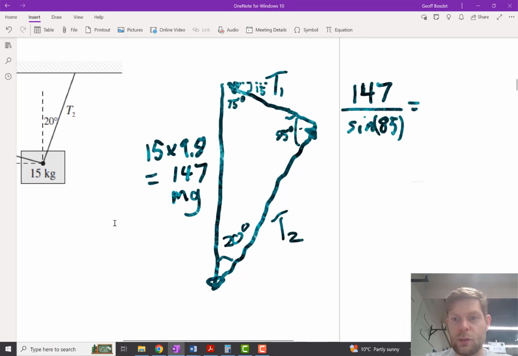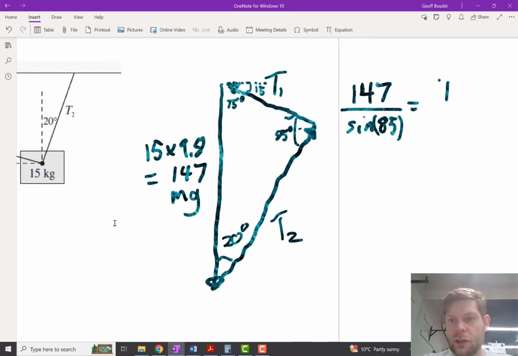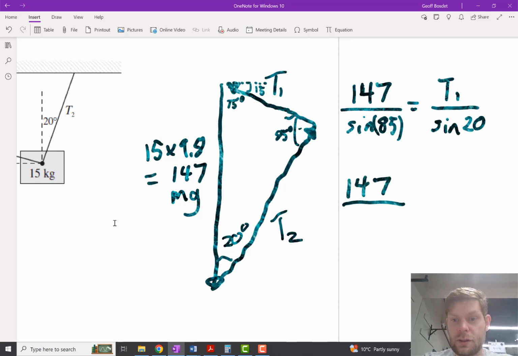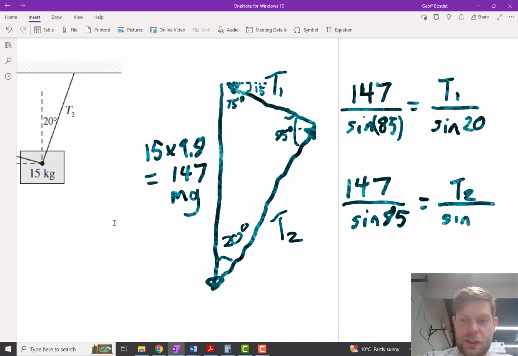And that is equal to either T1 over sine 20. It's also equal to T2 divided by sine of the angle opposite it. And the angle opposite T2 is 75.